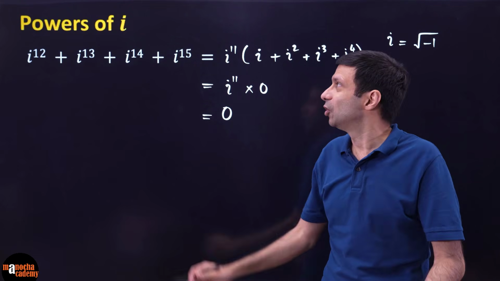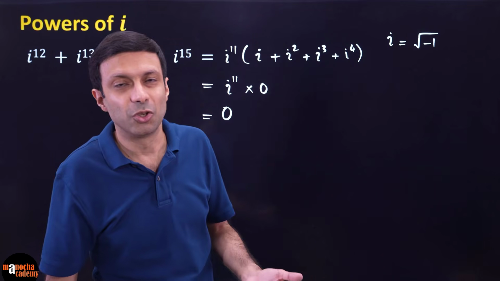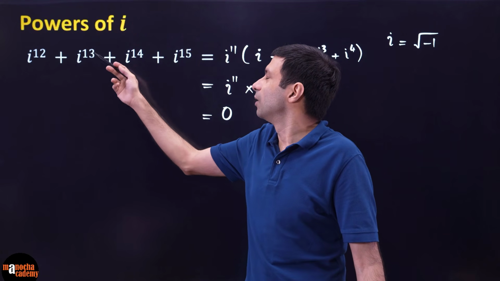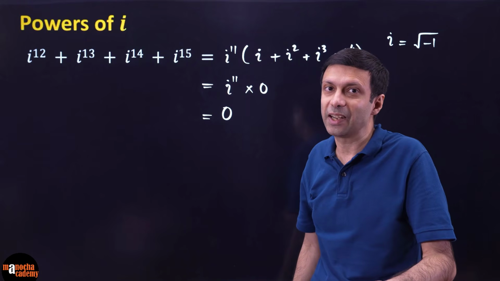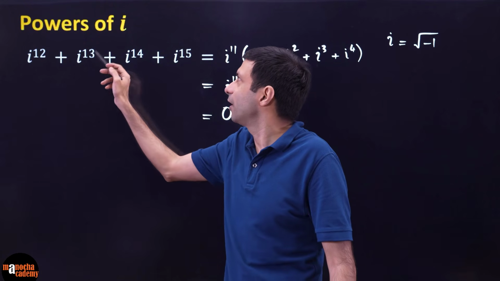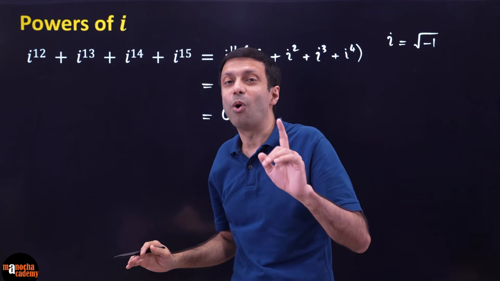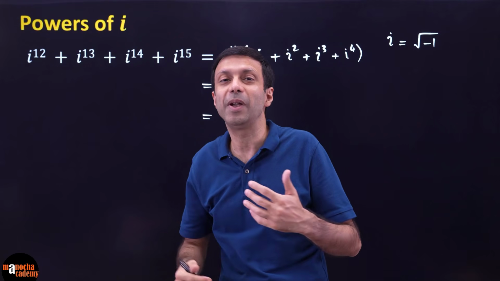In fact, you can extend this question to any consecutive powers of I. If I give you something like I to the power 102, I to the power 103, 104, 105, or any 4 consecutive powers, like 100, 101, 102, 103, anything, they will all add up to 0 because there is a repeating pattern.